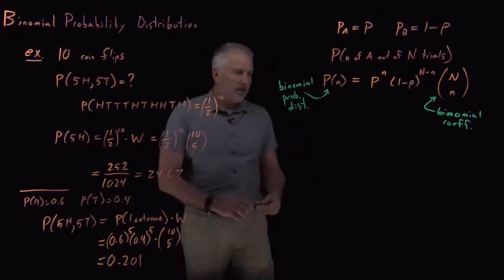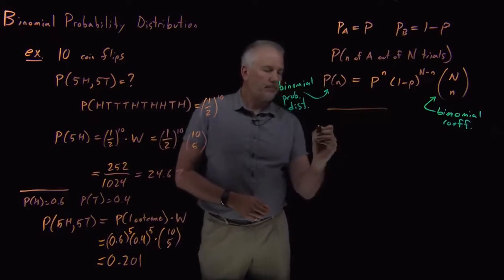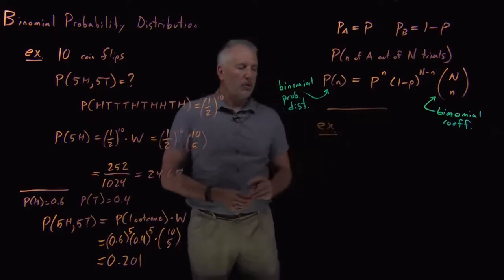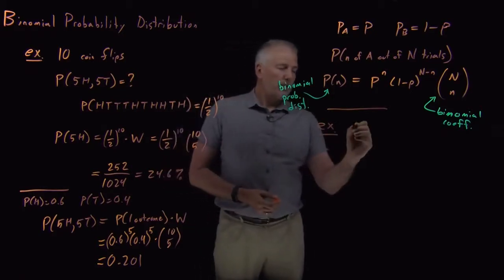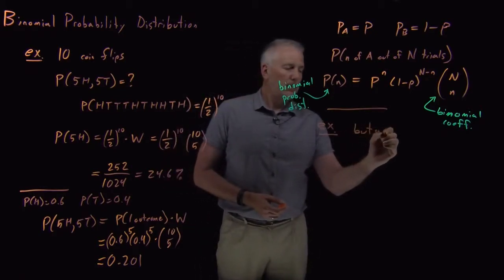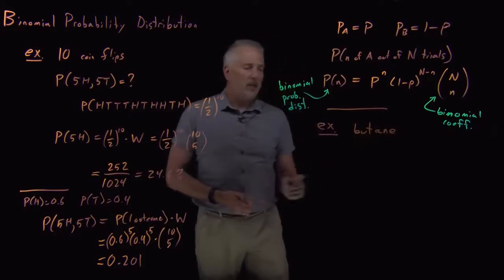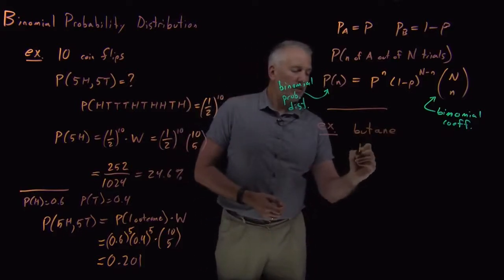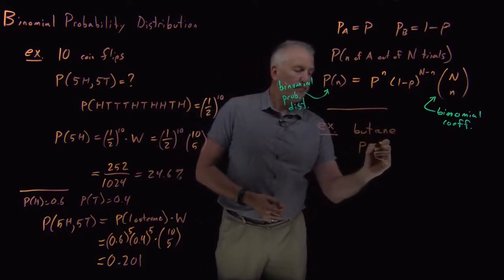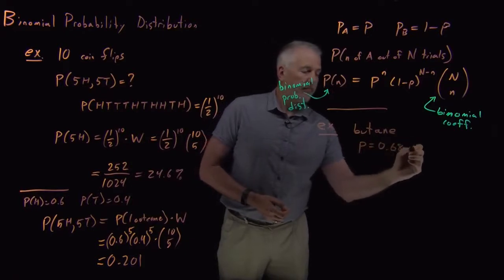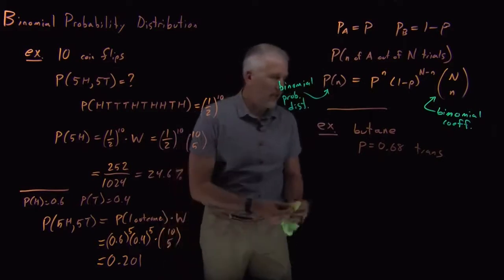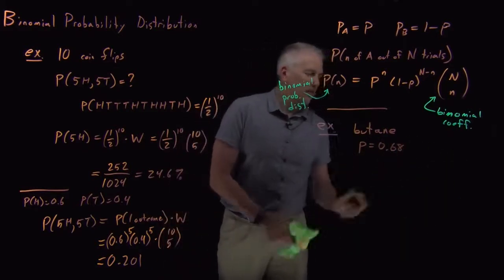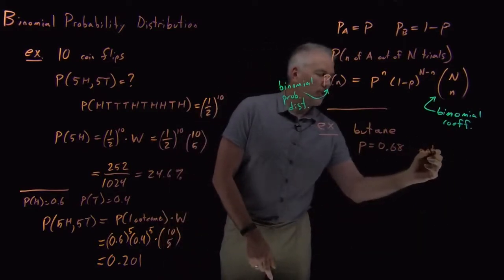As our last example, we'll do an actual real bona fide chemistry example now. Let's go back to our butane example, which we know has not trans, but anti, if we're using proper terminology.